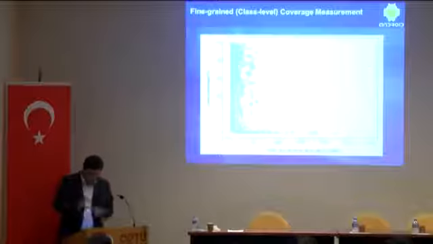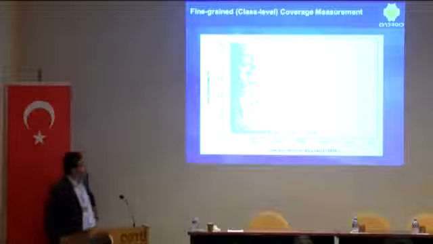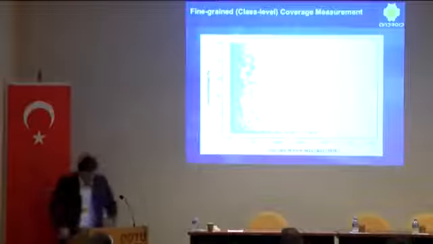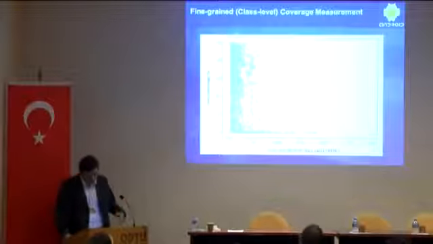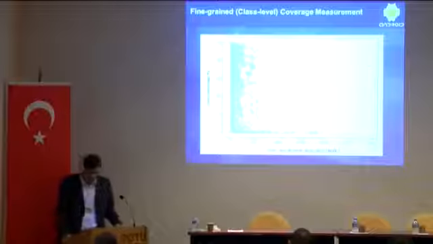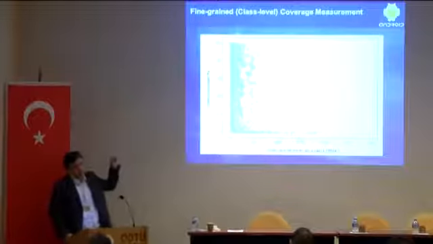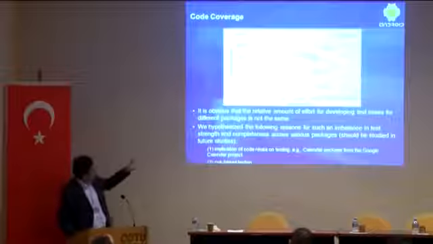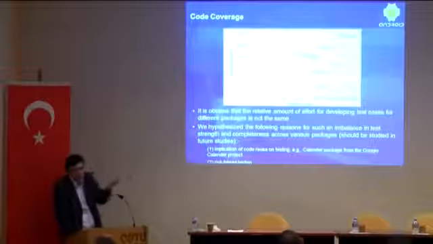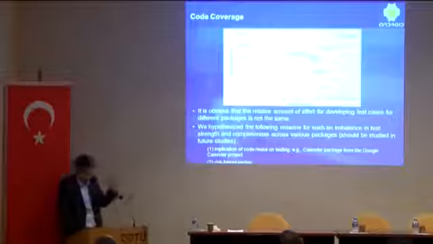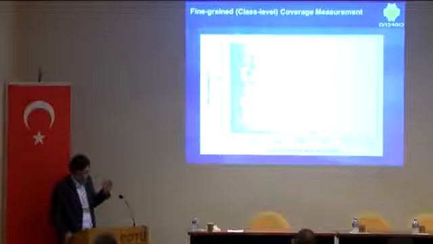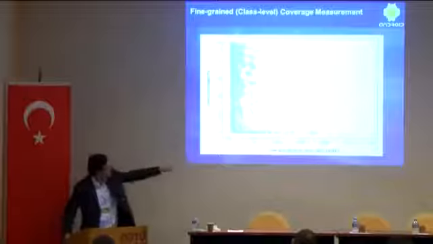You see a bunch of dots here. I hope it doesn't look confusing, but this is a more fine-grained coverage measurement. This was at package level, and as you know, each package in Android has many classes in the Java code base. So this is the code size of each Java class.